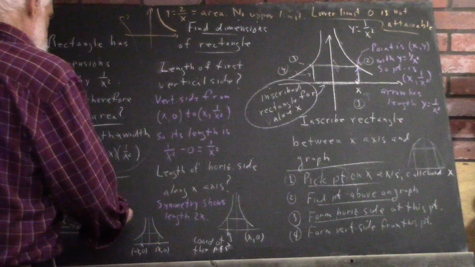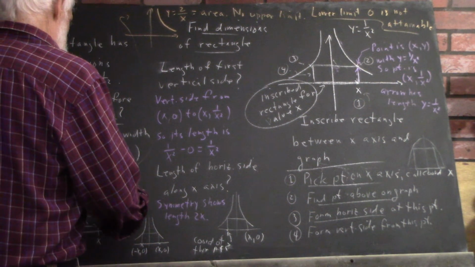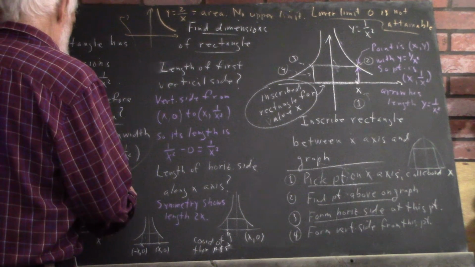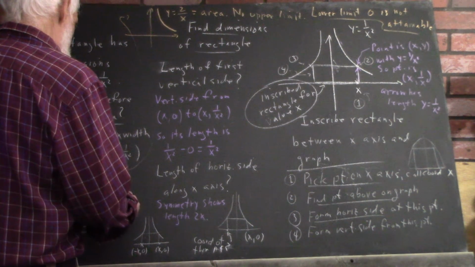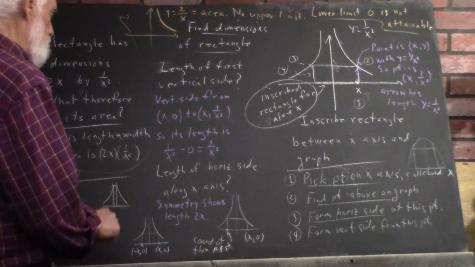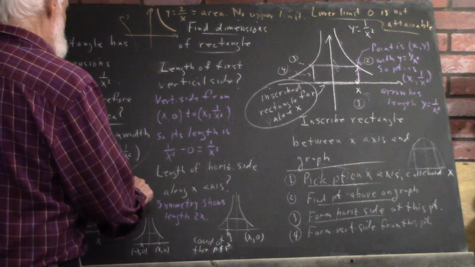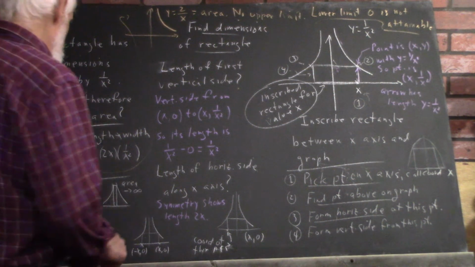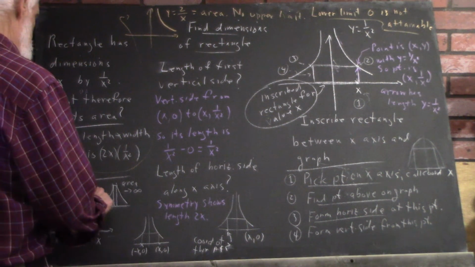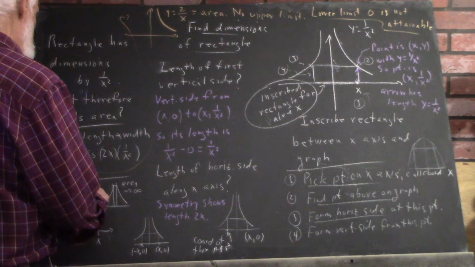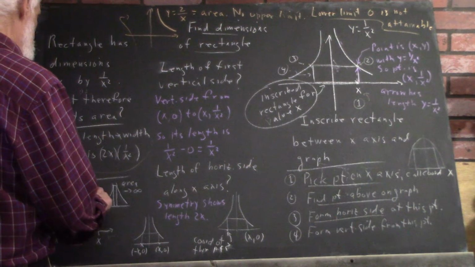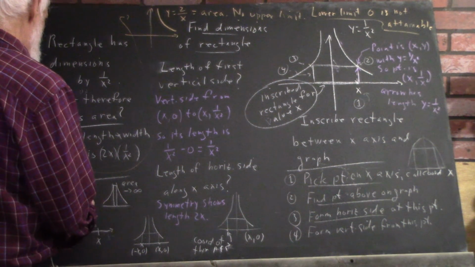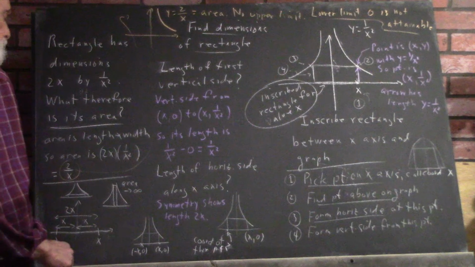So if you make very narrow rectangles, the area approaches infinity. If you make very wide rectangles, the area approaches 0.